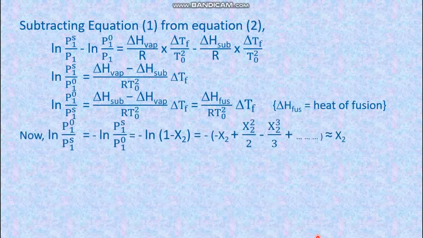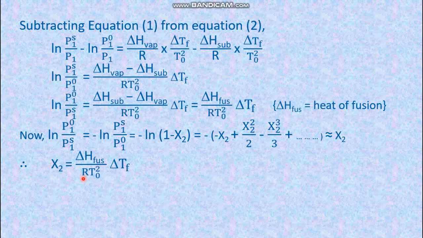Okay, and similarly ln P10 by P1S is nothing but minus ln P1S by P10 equal to minus 1 by x2, as we have derived earlier, and after expansion and neglecting the higher terms, it is almost equal to x2. So in place of x2 we can put this overall value, because x2 is nothing but equal to this one.